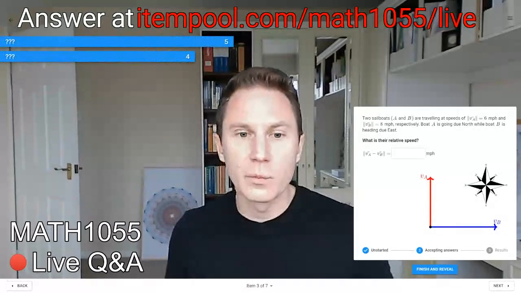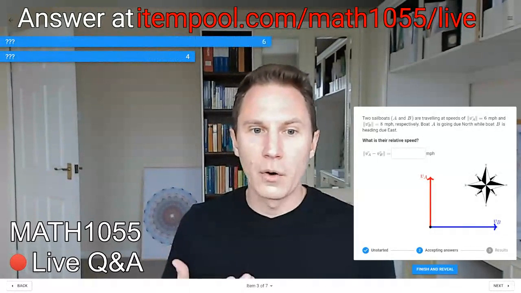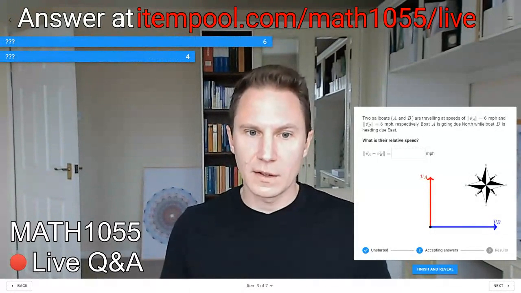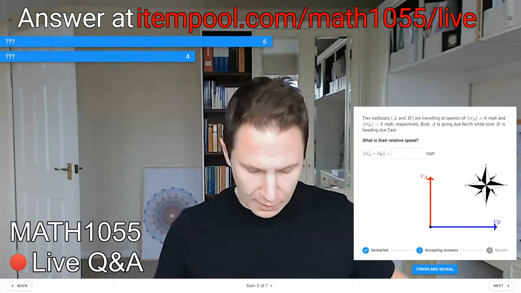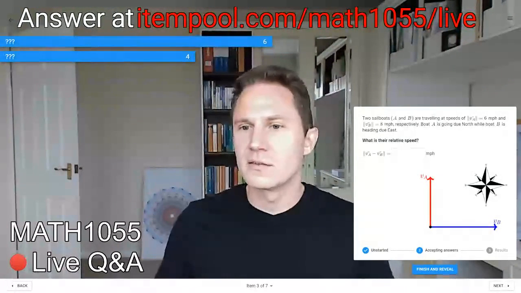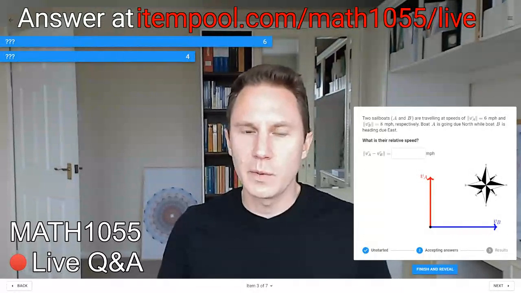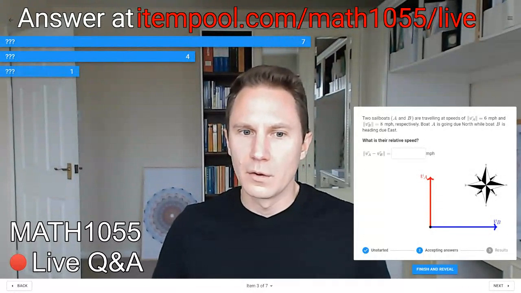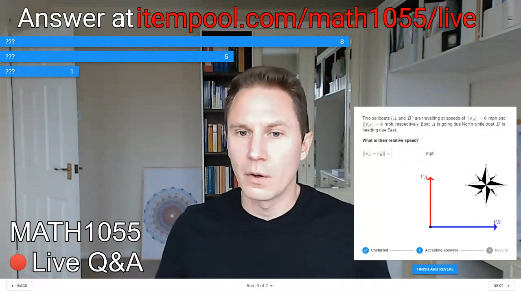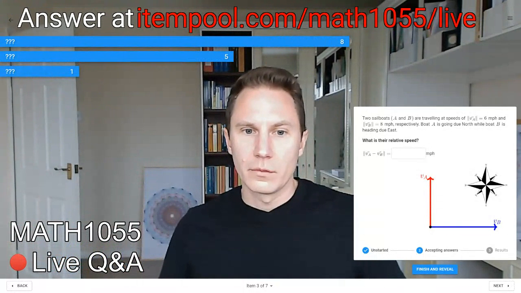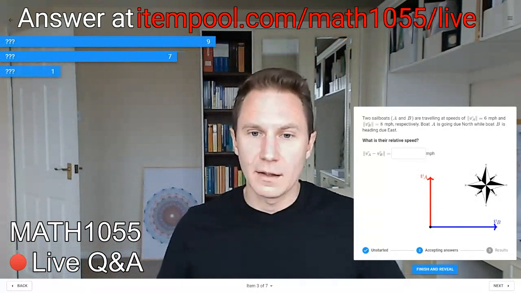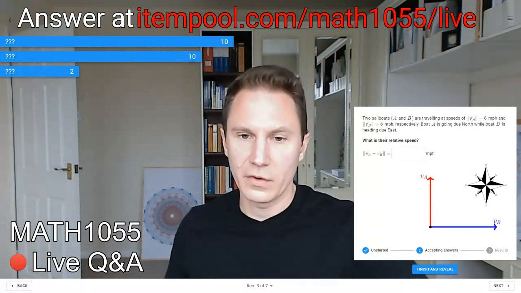The relative speed is the length of the difference in their velocities. It is the speed at which someone in boat A would see boat B getting farther and farther away.